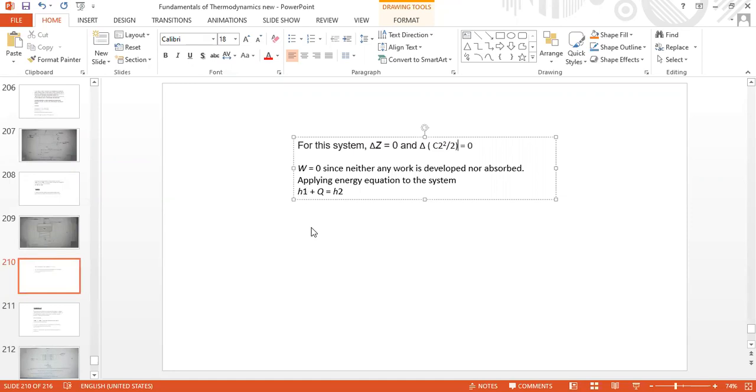There are certain devices which do not deal with work. Only the devices which deal with heat are called heat exchangers in general. One example of a heat exchanger is a boiler.